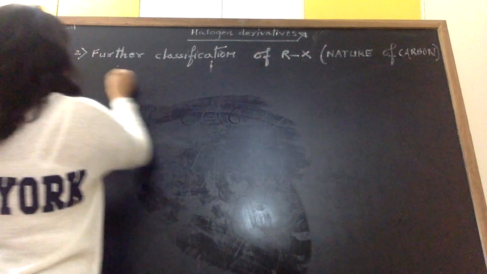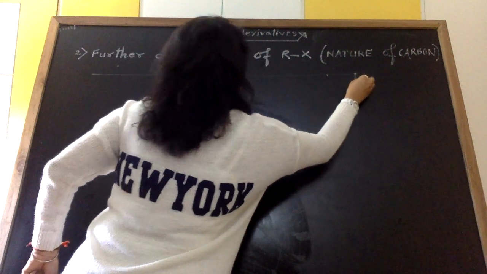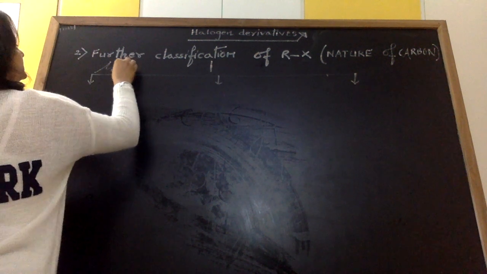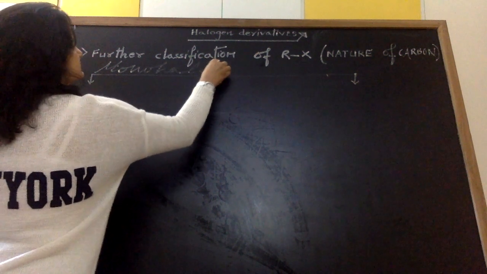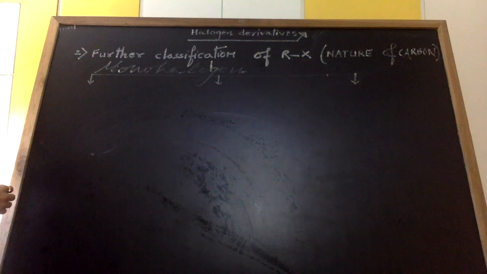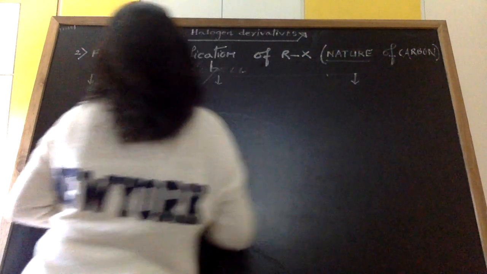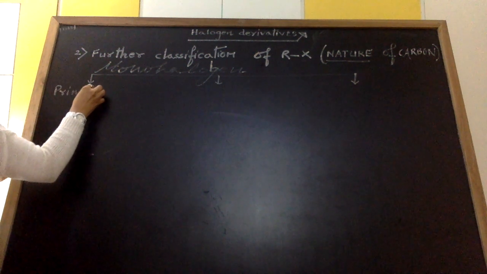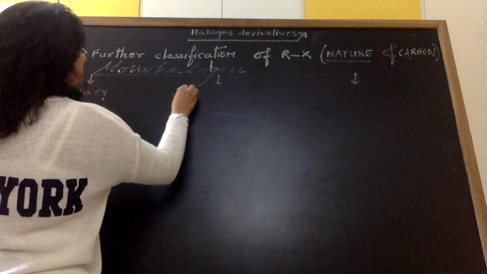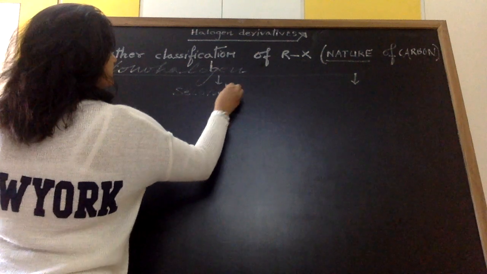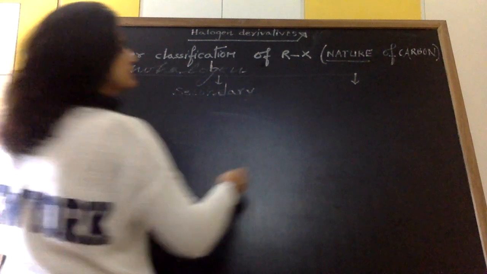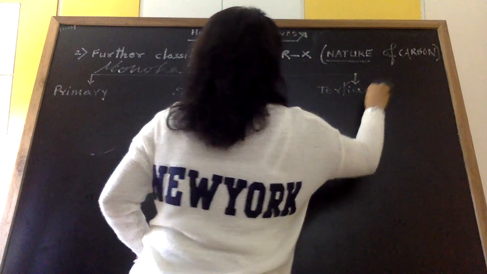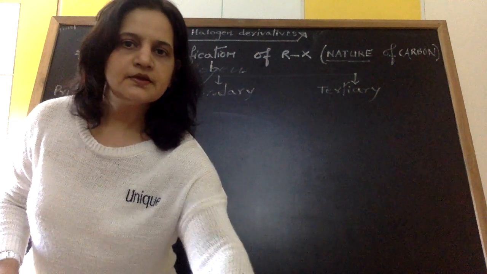So here we will just bifurcate it into 3 categories of monohalogen derivatives on the basis of nature of carbon: primary alkyl halide, secondary alkyl halide, and a tertiary alkyl halide.